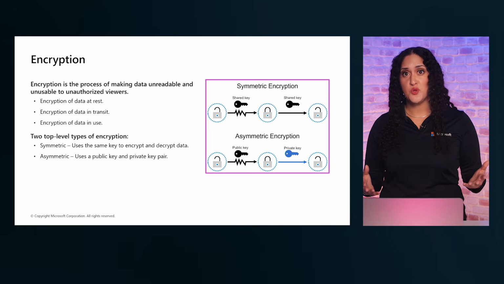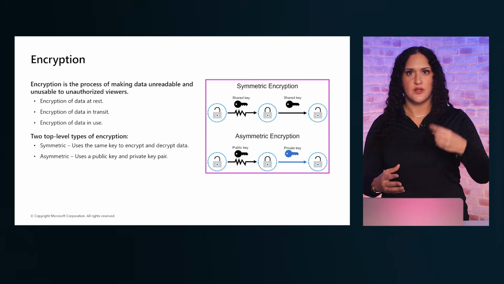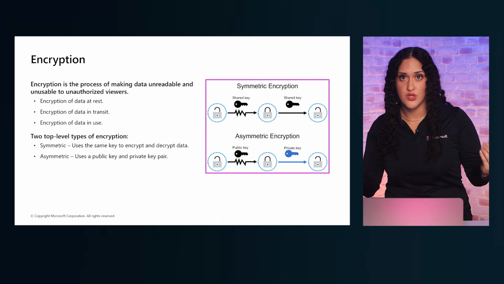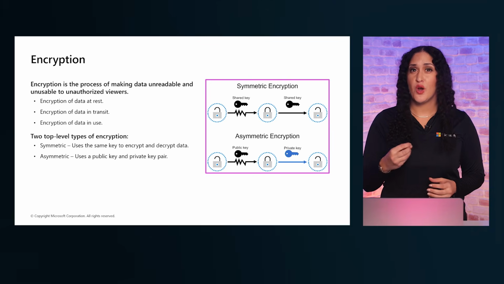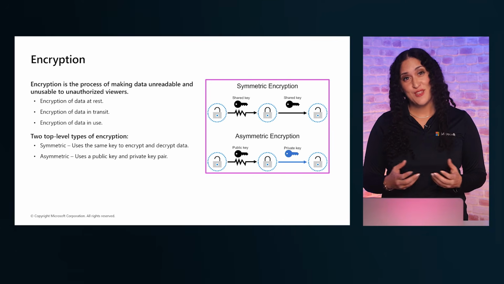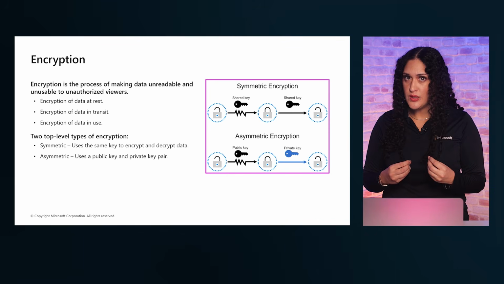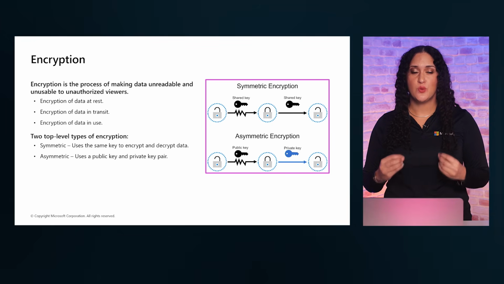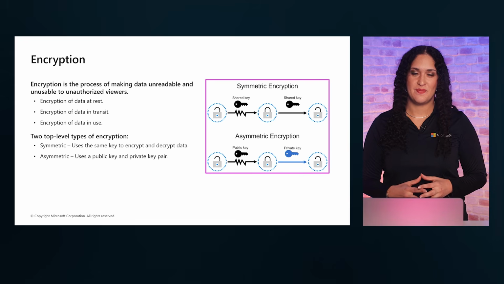In real life, encryption protects data at rest, that means when stored on disks or databases, in transit, which means while it's moving across networks, and even in use, and that means while being processed in memory. These protections ensure that even if data is intercepted or stolen, it remains useless without the proper keys, directly supporting confidentiality in a modern security strategy.